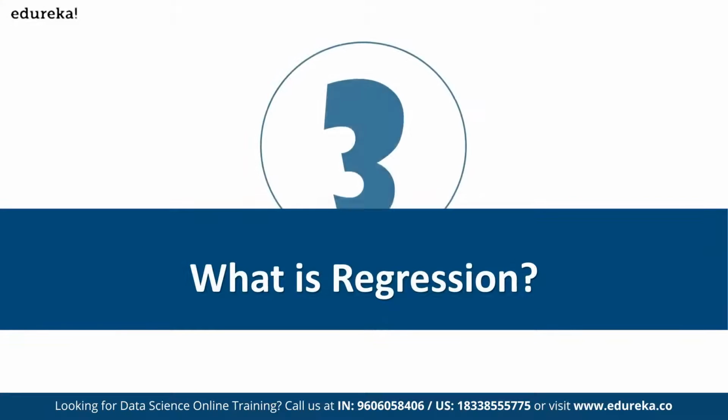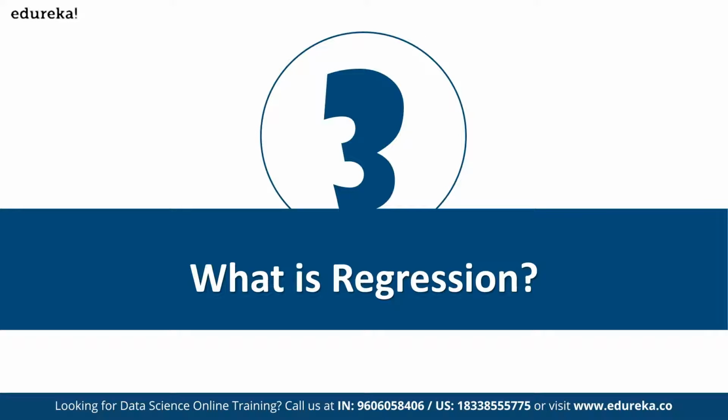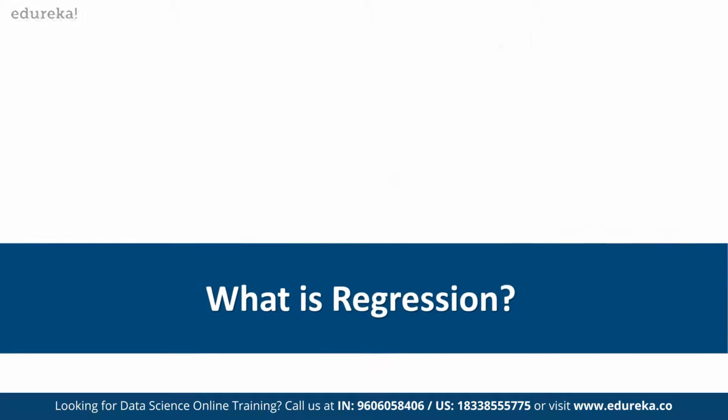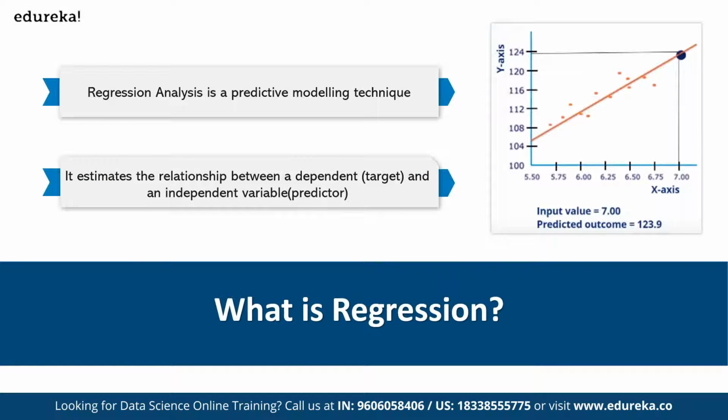So what is regression? This is one of the techniques which we also call linear regression or OLS regression, ordinary least squares regression. There are multiple types of regression, but here we are going to talk about normal regression, a linear regression technique. Linear regression is a predictive modeling technique.